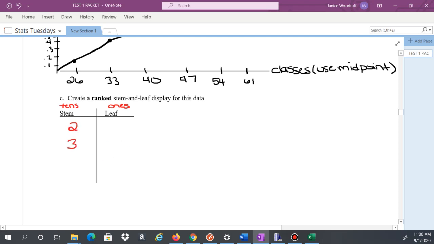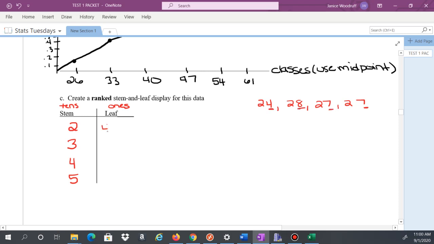Everything in the 30s would go in this stem, 40s, and 50s. So anything in the 20s. So in the 20s, you had 24, 28, 27, and 27. So your leaf are all these ones places, and then they're just in order.